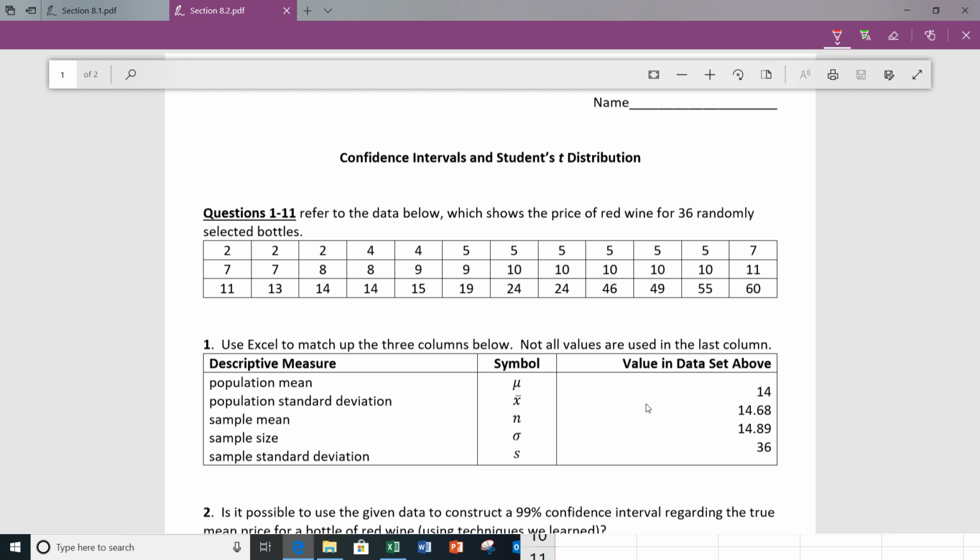No, that was the sample size, 36. Oh, this is a completely different program. The mean should be 14. Okay, so we're all matching, do the calculations, use Excel, I don't recommend doing it by hand.